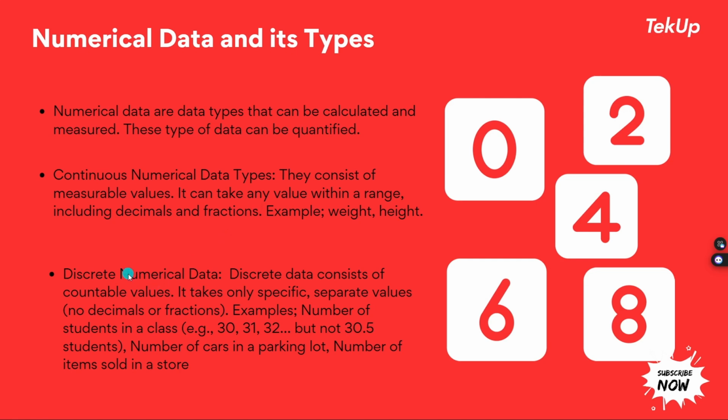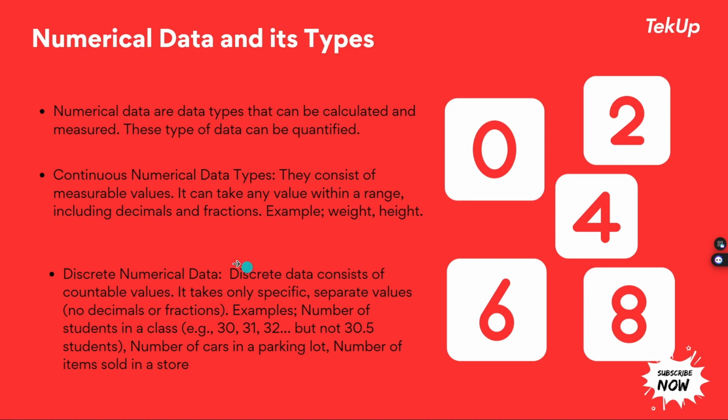Now, let's talk about the second data type for numerical data, which we call the discrete numerical data type. These discrete data types consist of countable values. It takes only specific separate values, no decimals or fractions.